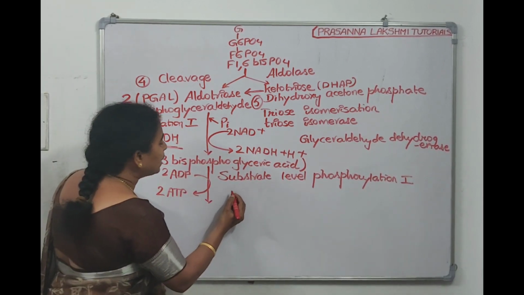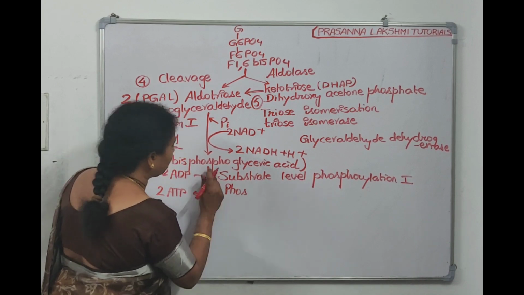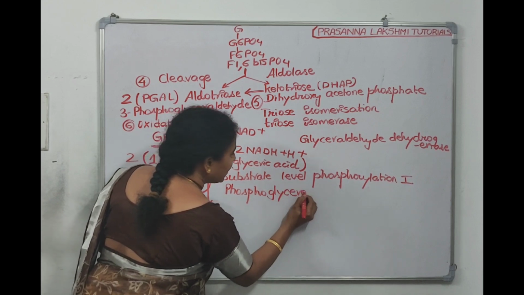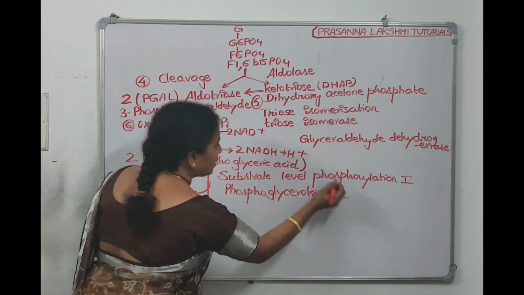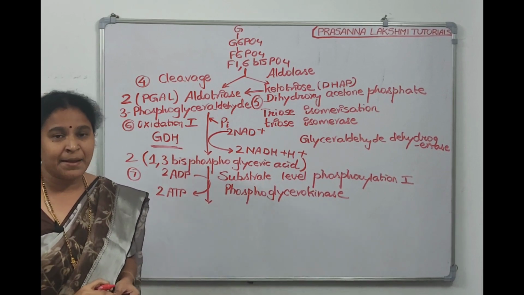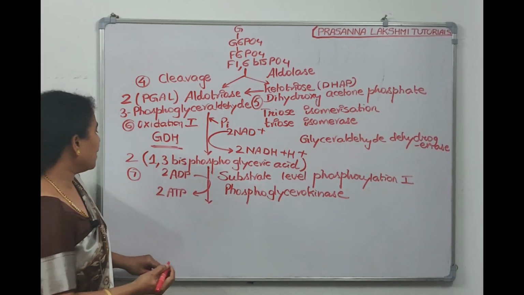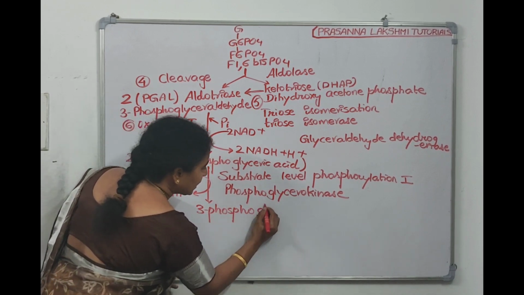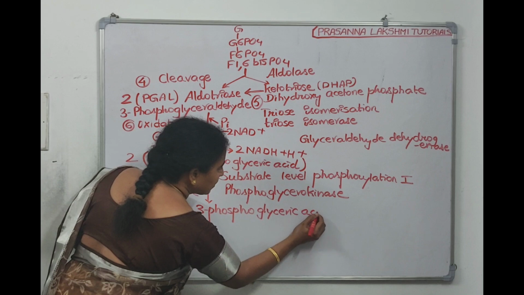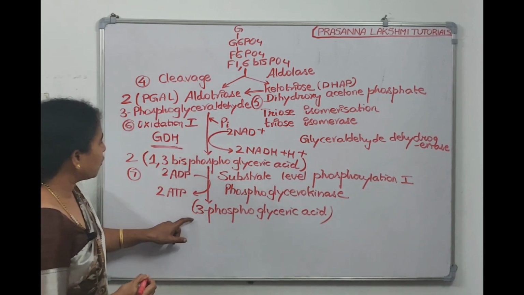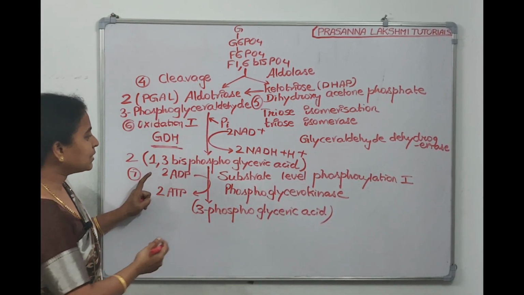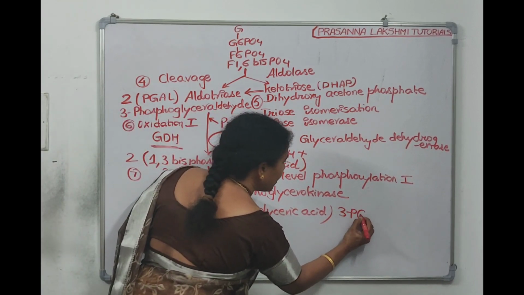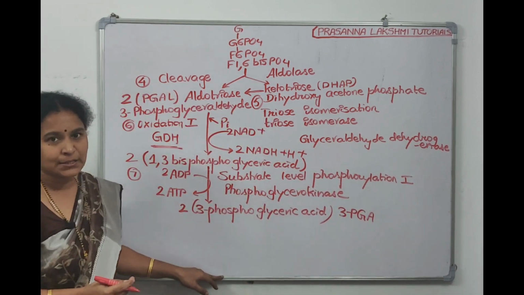What is the name of the enzyme? Phosphoglycerokinase is an enzyme. After giving off the phosphate, it will become 3-phosphoglyceric acid, meaning it has lost the phosphate from the first place. We can write it in short form as 3-PGA, 3-phosphoglyceric acid.